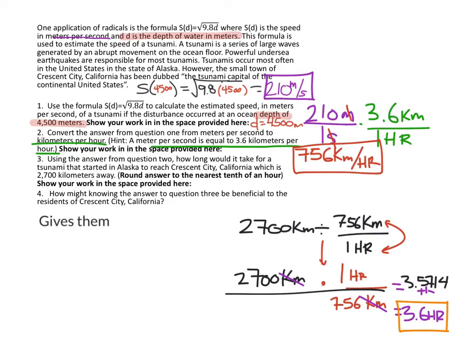However you want to put it, I'm going to say prepare, because preparing could include evacuation. It gives them approximately 3.6 hours to prepare for the coming tsunami. There we go. That would be the answer to number 4.